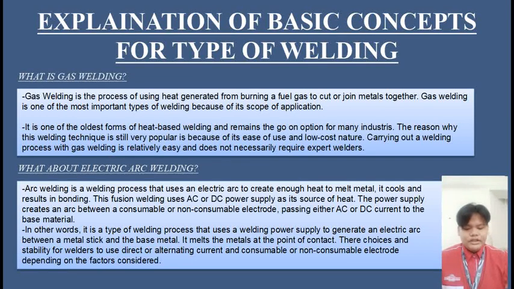It melts the metals at the point of contact. The choice and stability of welders to use direct or alternating current and consumable or non-consumable electrode depend on the factors considered. So that's all from me.